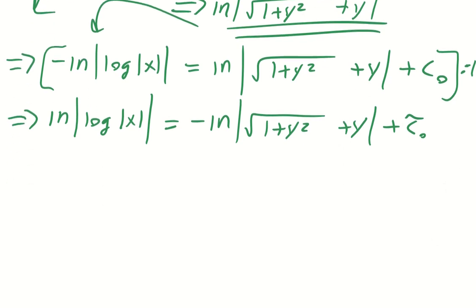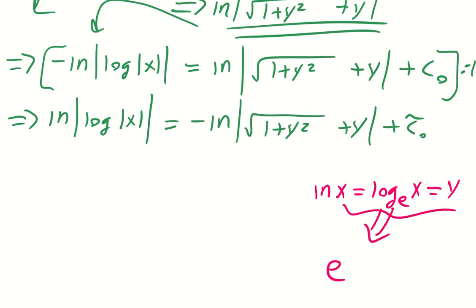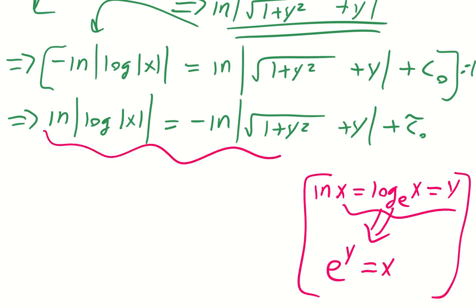For instance, recall that if we have the natural logarithm of x, this is the same thing as log base e of x, and let's just stipulate that equals y. We can rewrite this as e to the y power is equal to x. So with this, we can take this expression and rewrite it.